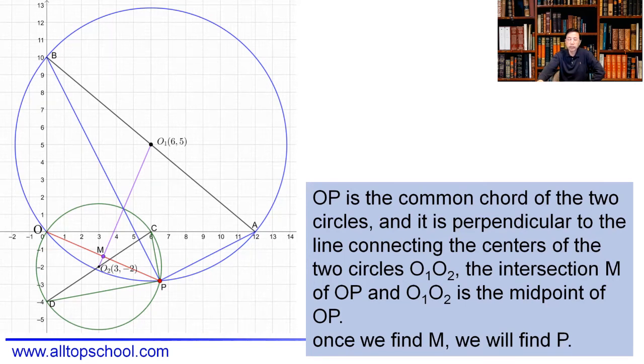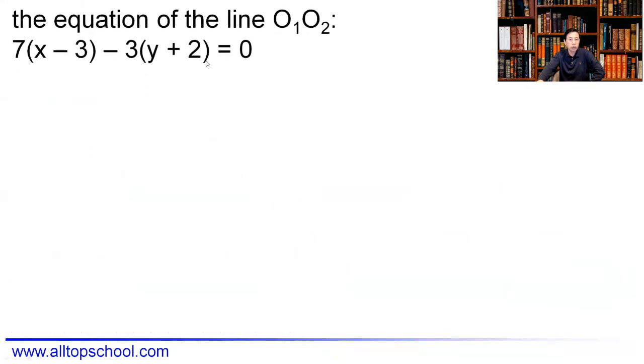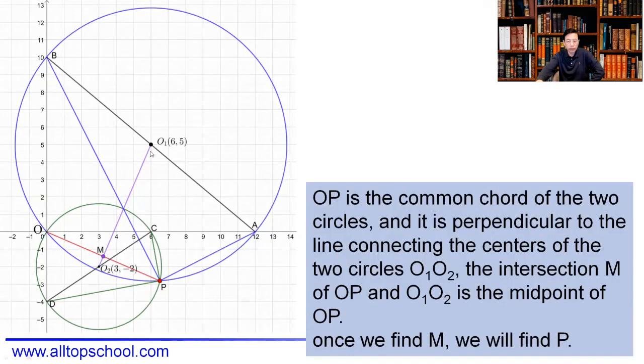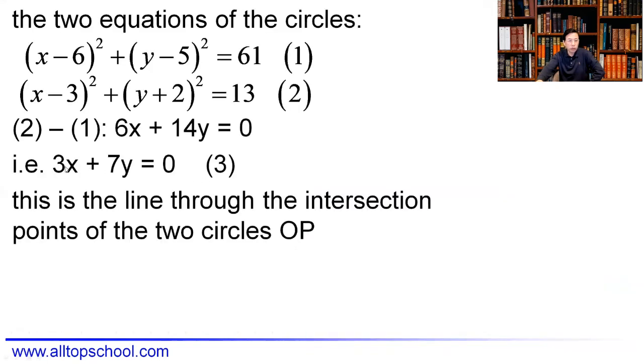From the system of two linear equations, we can find this M easily. You can see the equation for O1, O2: look at the slope of this one, the coefficients are in the format 3, 7. The line perpendicular to this one should be in the form 7, -3.